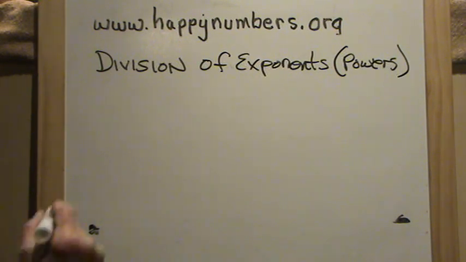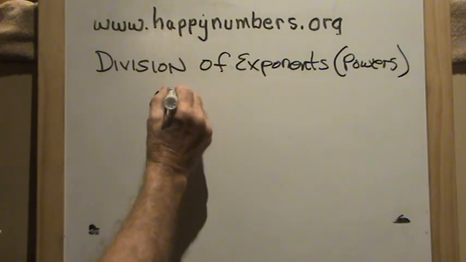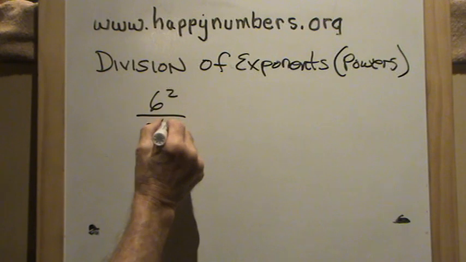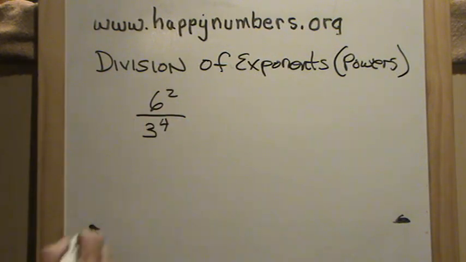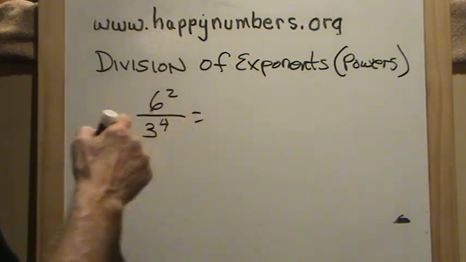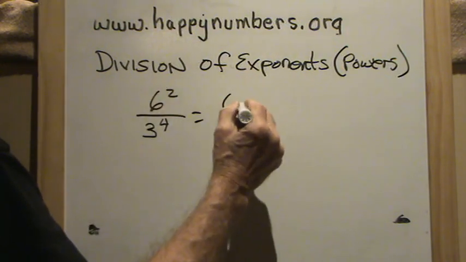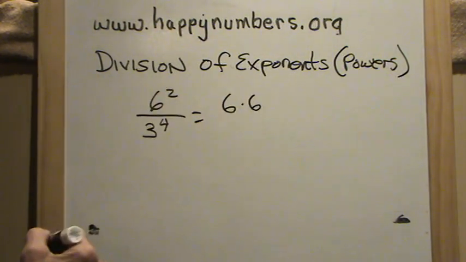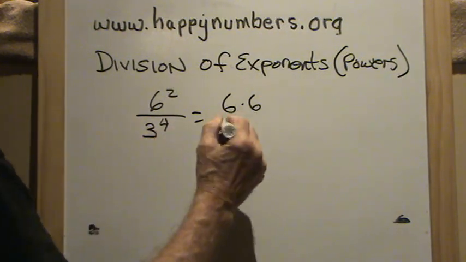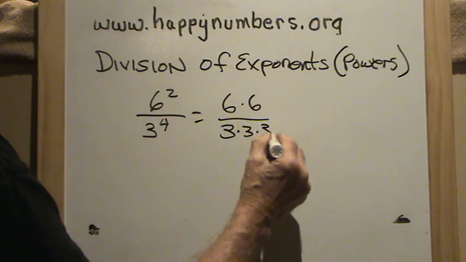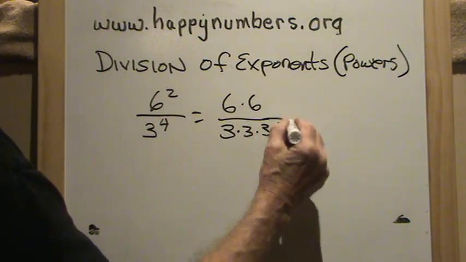Let's take 6 to the second power divided by 3 to the fourth power. Well, okay. We expand each of these expressions. So 6 to the second power is 6 times 6. And 3 to the fourth power is 3 times 3 times 3 times 3.